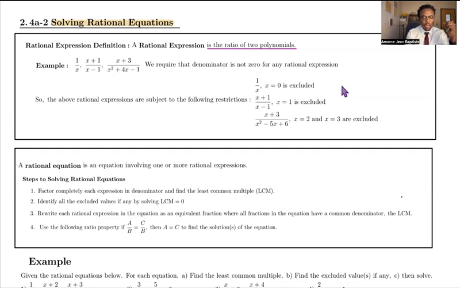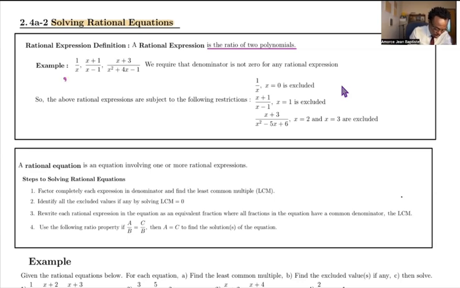So speaking about rational expressions, anytime you have a denominator, you need to have the denominator not zero. Your denominator cannot be zero. You cannot divide by zero. So that means you need to make some restrictions.